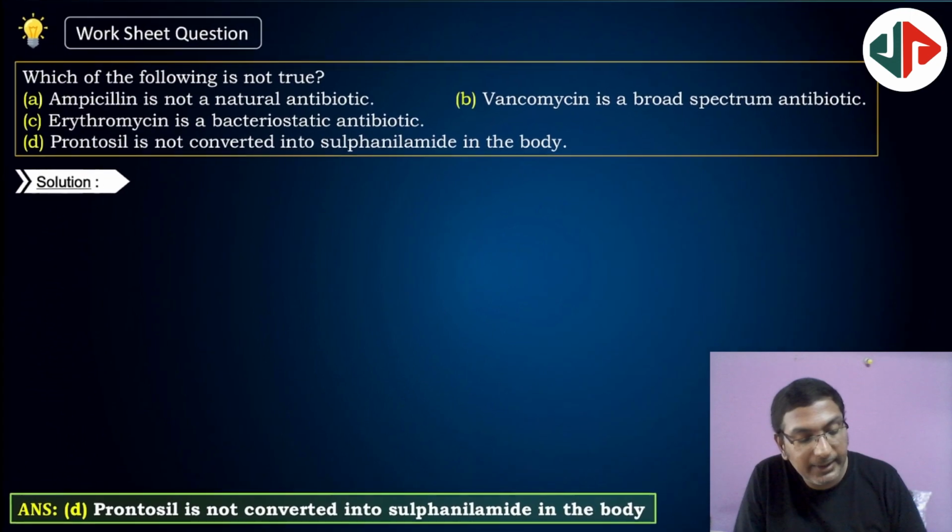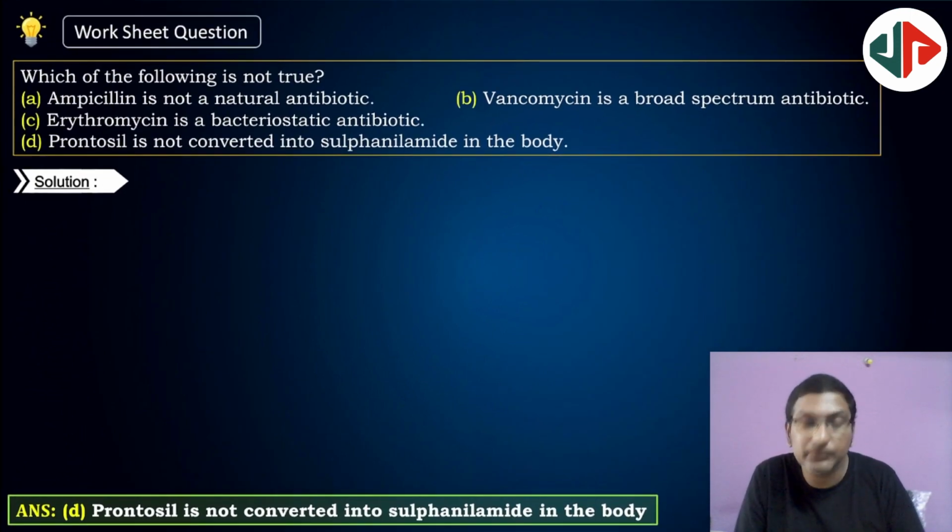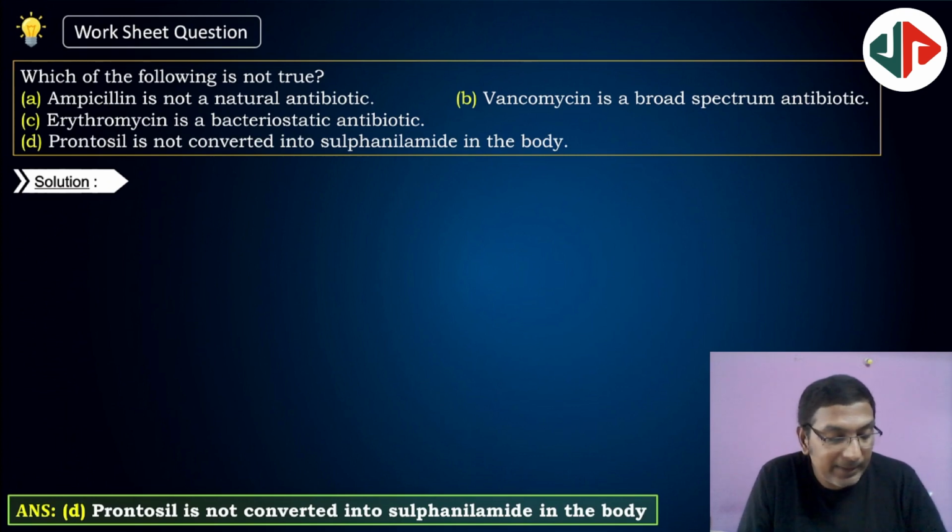So which of the following is not true? See here. Ampicillin is not a natural antibiotic. Next B. Vancomycin is a broad spectrum antibiotic. Erythromycin is a bacteriostatic antibiotic. So prontosil is not converted into sulfonylamide in the body.